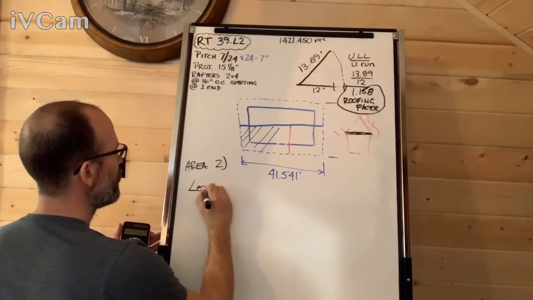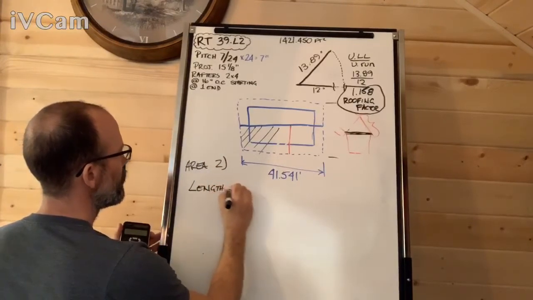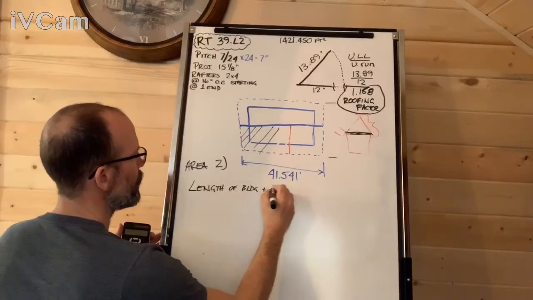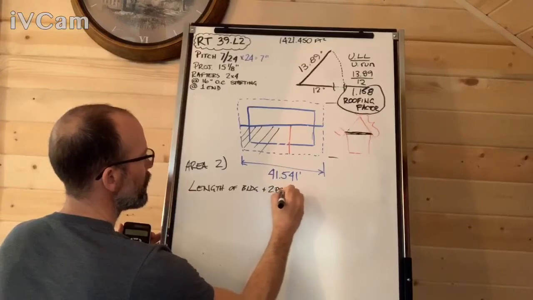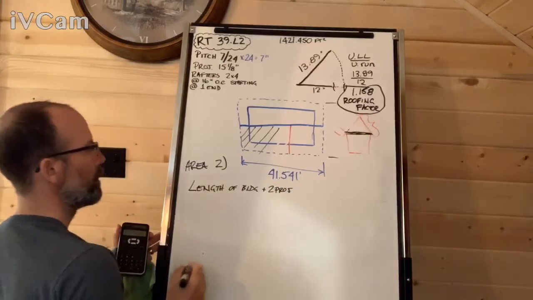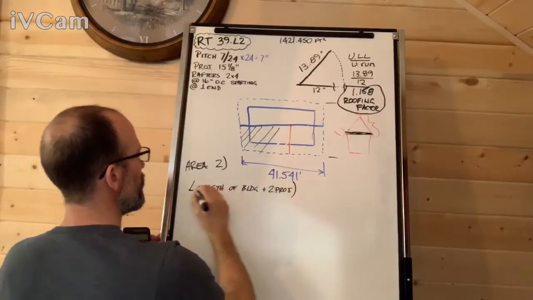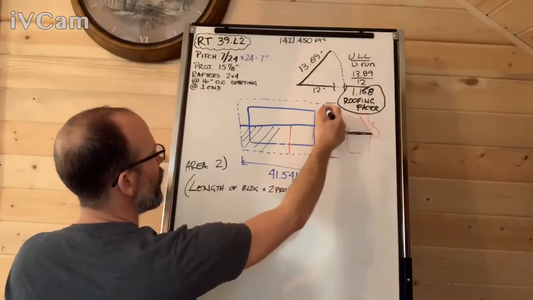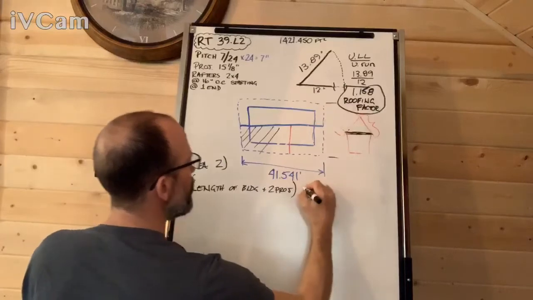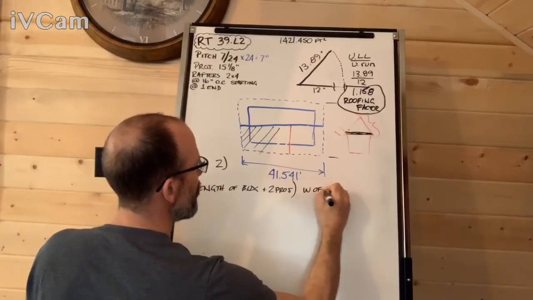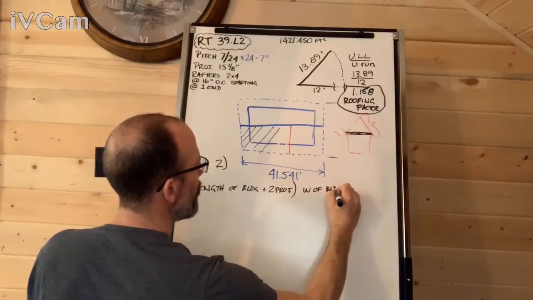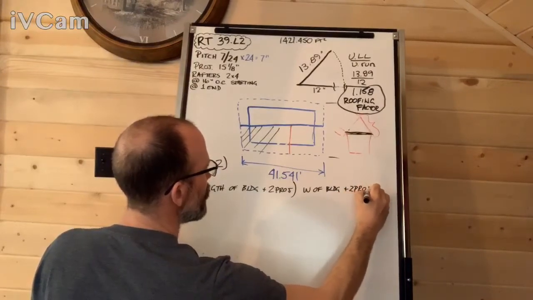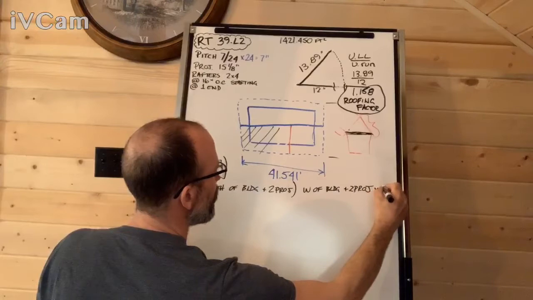Length of my building plus 2 projections, same as we did the first time, times the width of my building plus 2 projections, times my roofing factor.